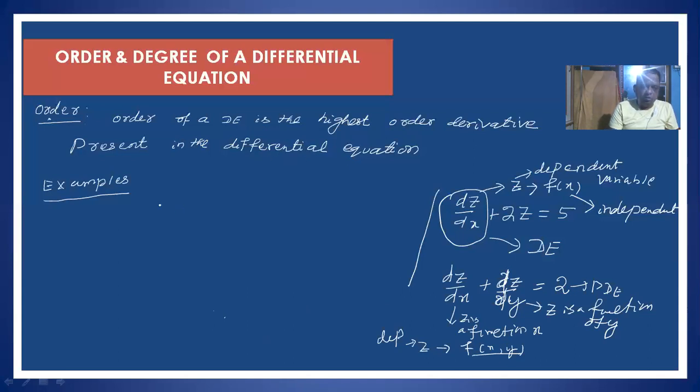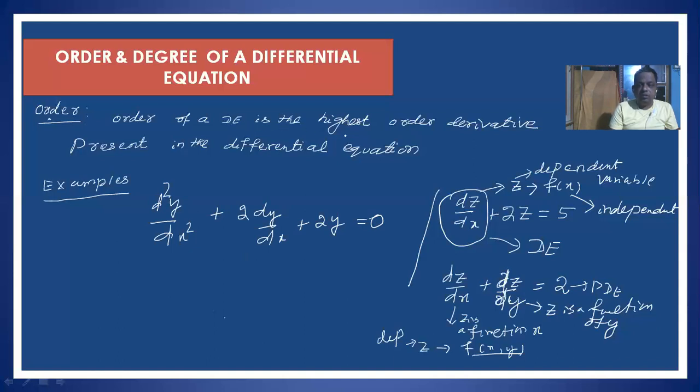Suppose the equation is d square y by dx square plus 2 dy by dx plus 2y equal to 0.